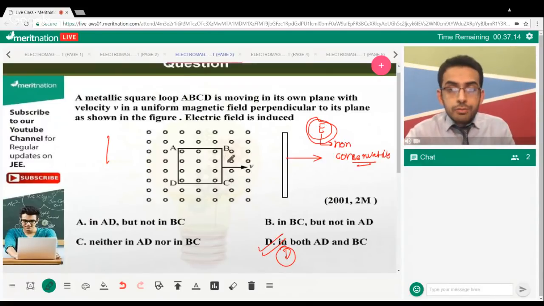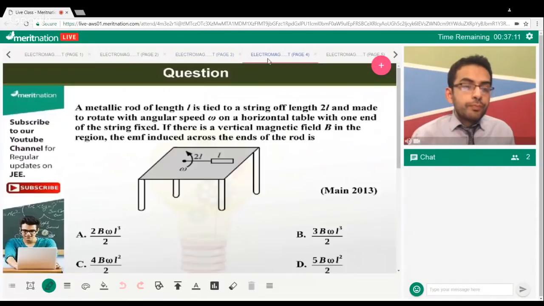Okay, let's move to the next question. A metallic rod of length L is tied to a string of length 2L and made to rotate with an angular speed omega on a horizontal table with one end of the string fixed.